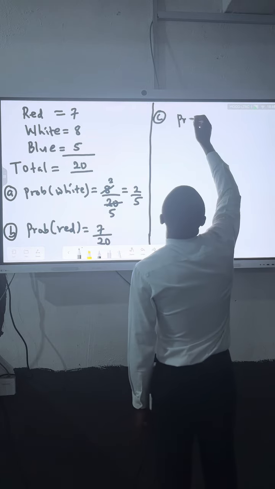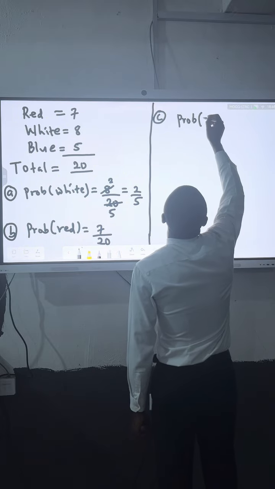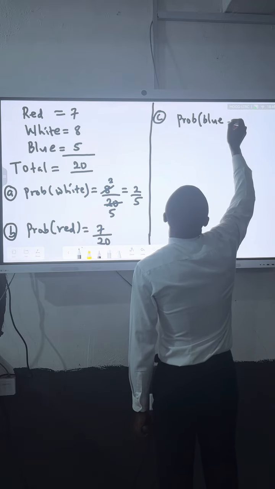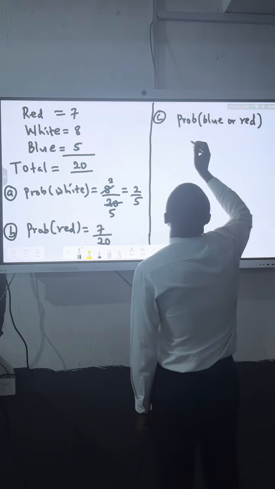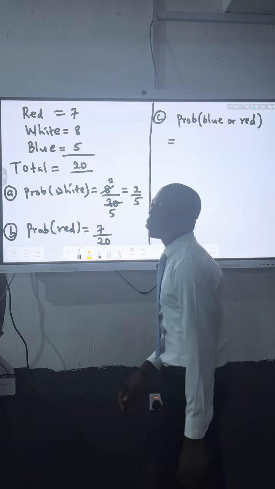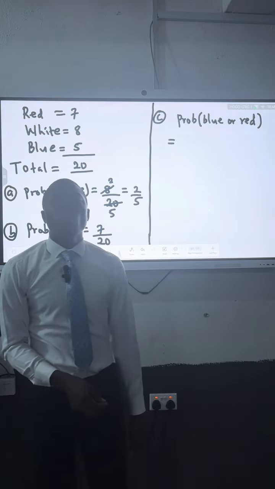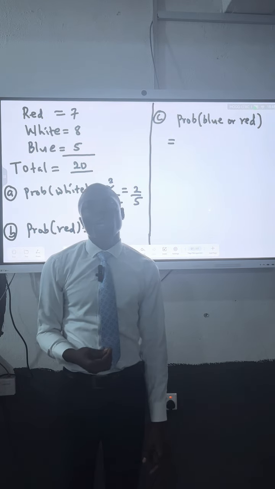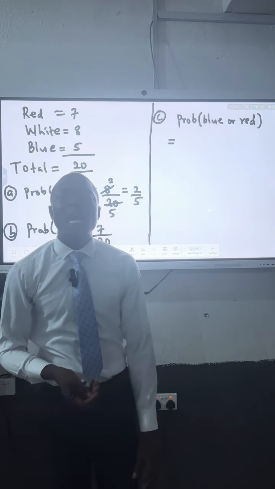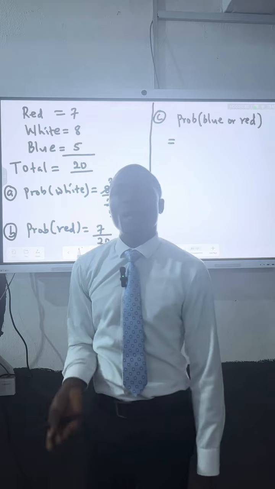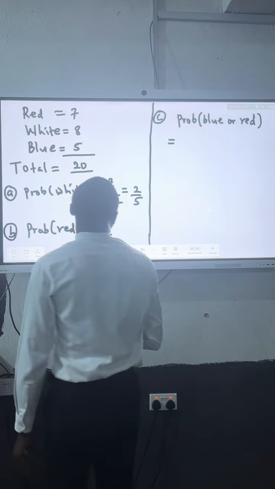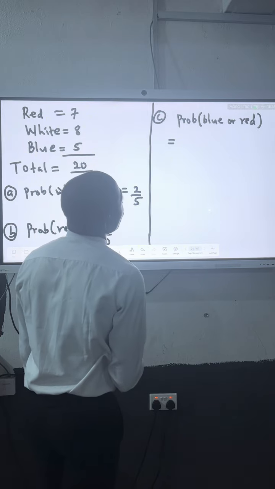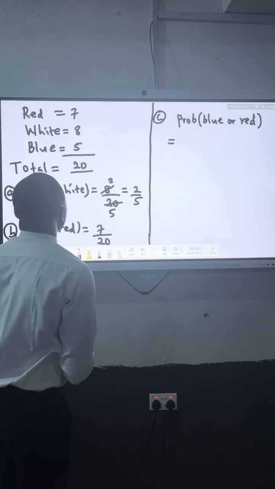This is how we handle this question. When you see the conjunction "or" in probability, it means that you are meant to add. So either goes with or. So you're going to get the probability of blue and add it to the probability of red.